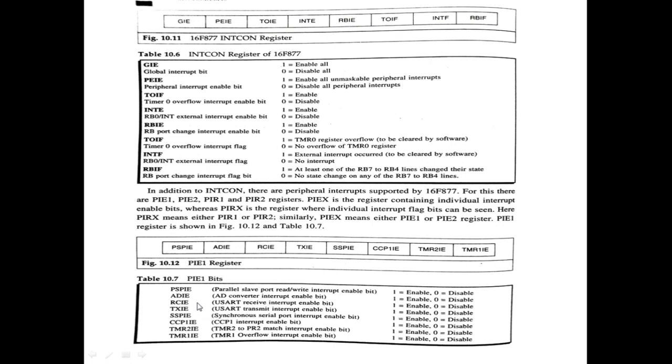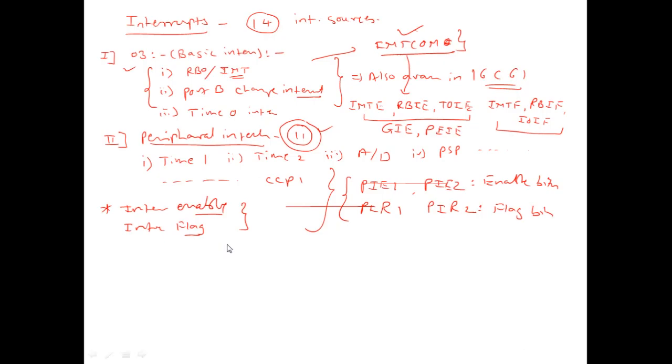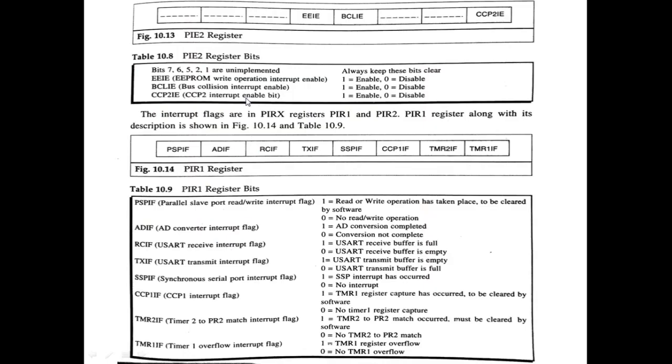Then you go to PIE1, peripheral interrupt enable register 1. These are all enable bits for different interrupts. So these are 8 interrupts. In the PIE2 register, these are 3 bits. So those 8 plus these 3, 11 enable bits for the 11 peripheral interrupts.